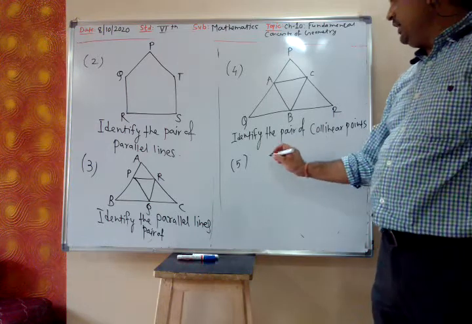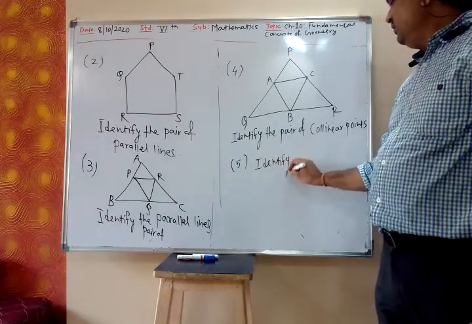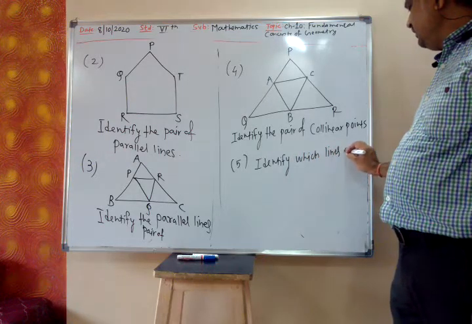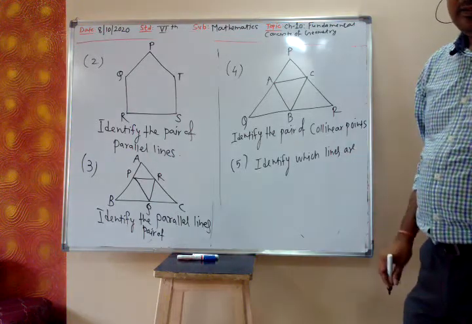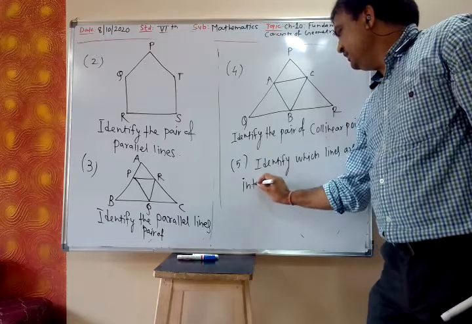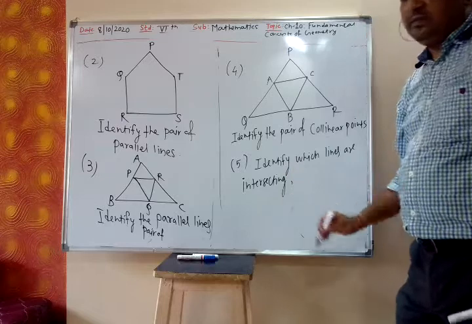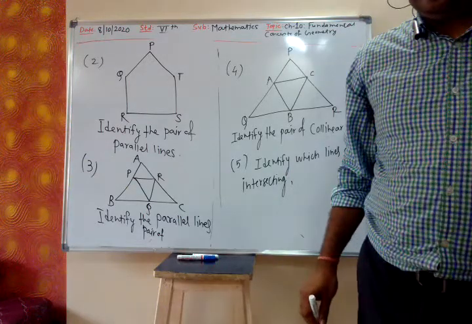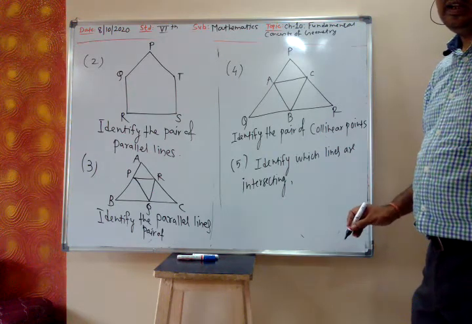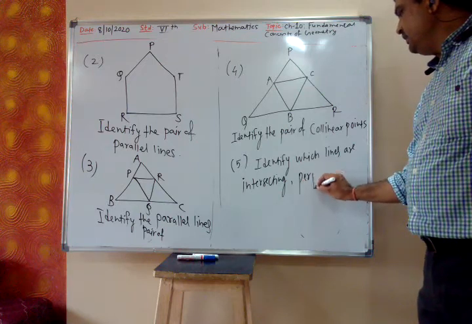Then fifth one. Identify which lines are intersecting, perpendicular or perpendicular bisector.